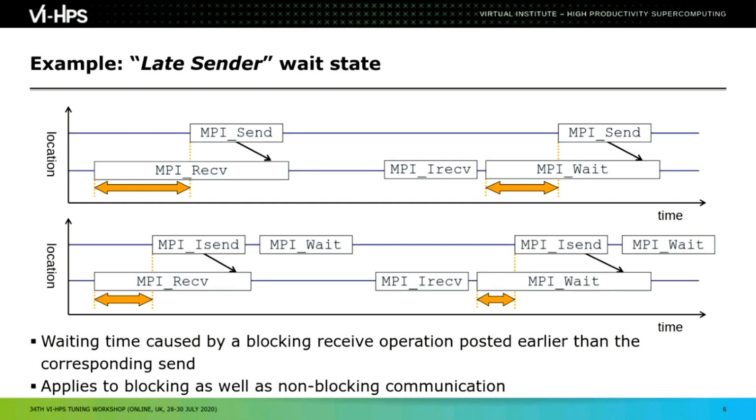The sorts of things that we're looking for in this trace analysis are things like wait states, where if we consider what's happening on each process, this diagram is showing what might be happening when we have two processes, maybe two of many processes. We see that some of them are doing send operations, some of them are doing receive operations, and if the corresponding message is sent in time, then the receive process will have to block until the corresponding send is at least initiated.